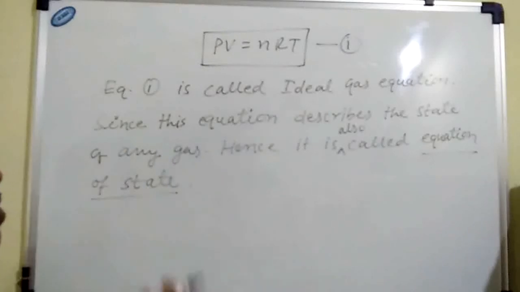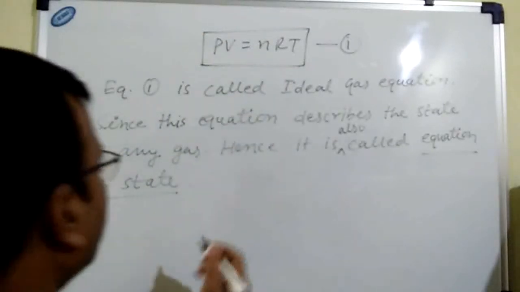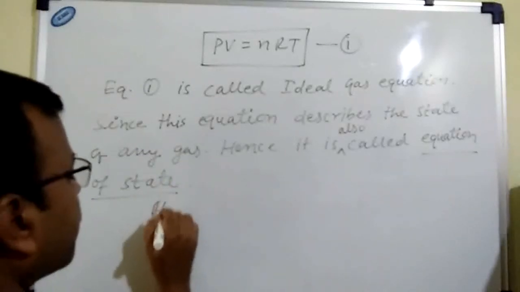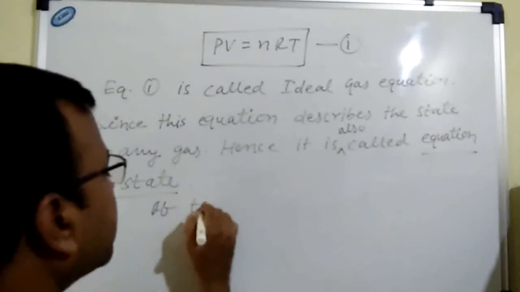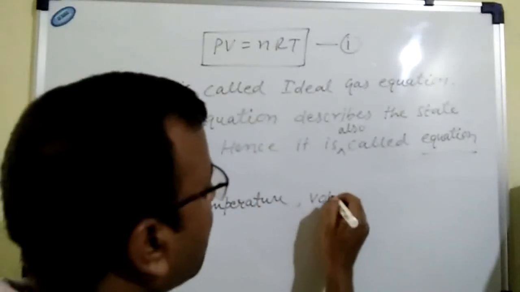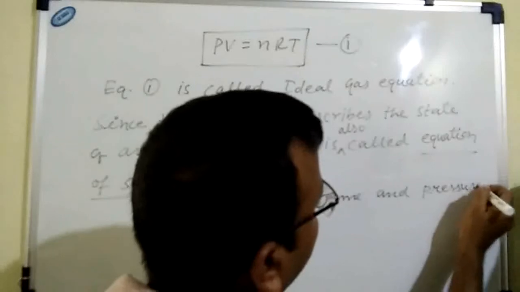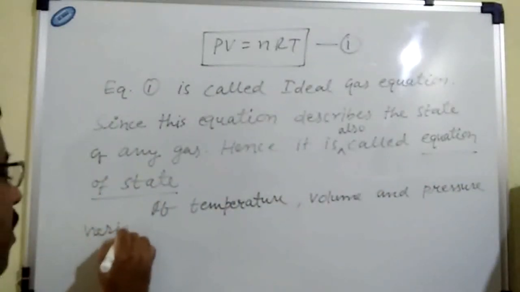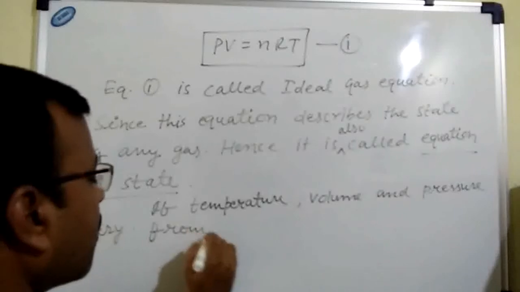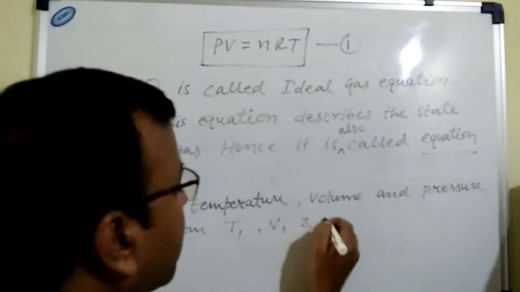So if we vary pressure, volume, and temperature, suppose temperature is T1, volume is V1 and pressure is P1.